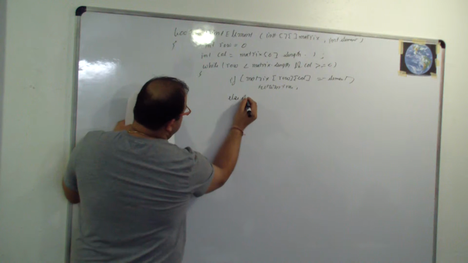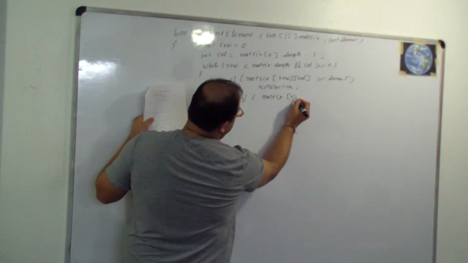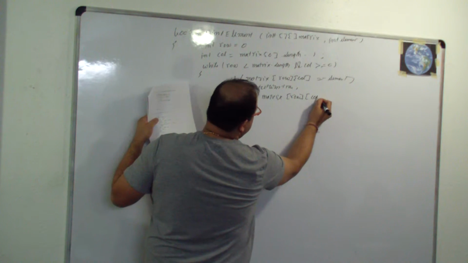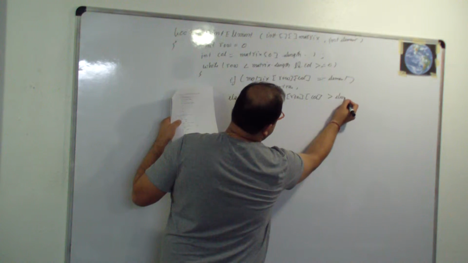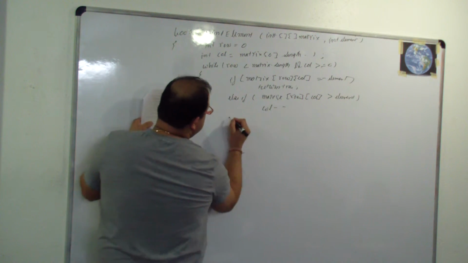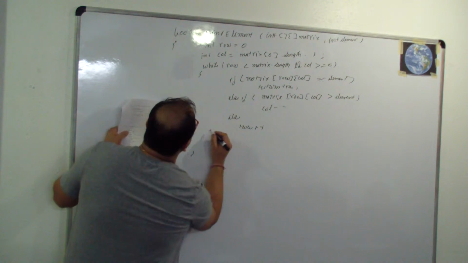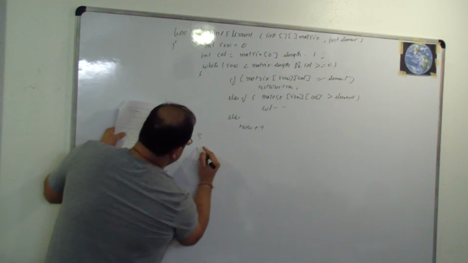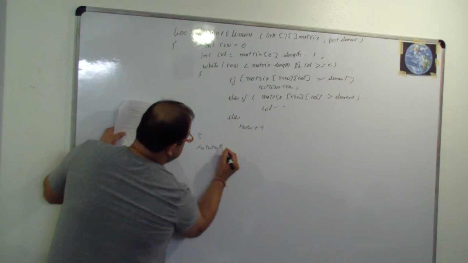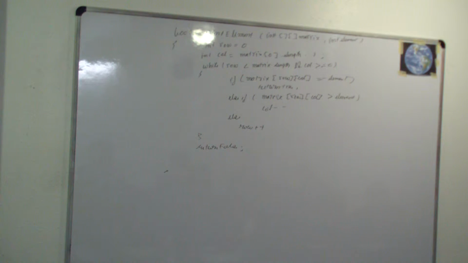Else, if matrix of row and column is greater than element, column minus minus, else row plus plus. After this while loop, we'll return false.